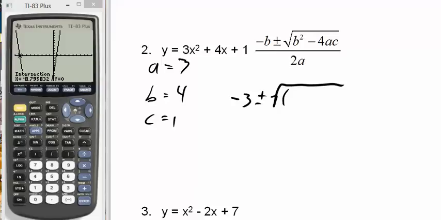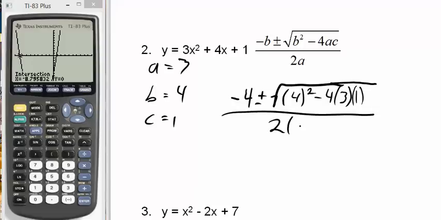I'm sorry. It's what B is, which is 4. So B squared minus 4 times A times C all over 2 times what A is.